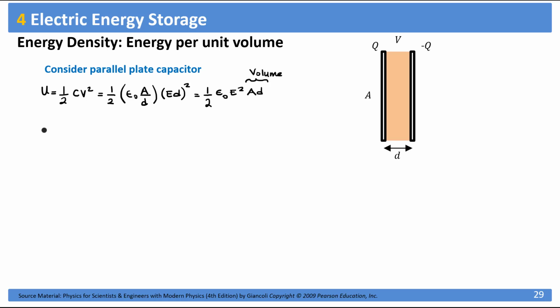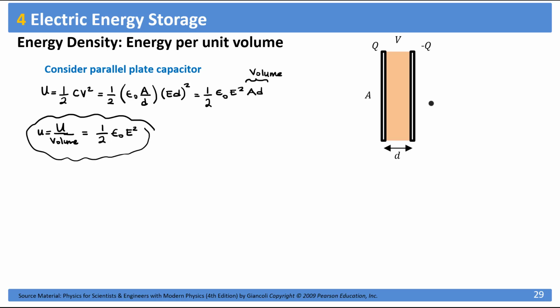So if you are interested in the energy density, let's write this with lowercase u, divided by the volume, which is going to be, obviously, if you divide by volume, 1/2 epsilon 0 E squared. So this is the energy density of the energy stored between the plates of the capacitor.